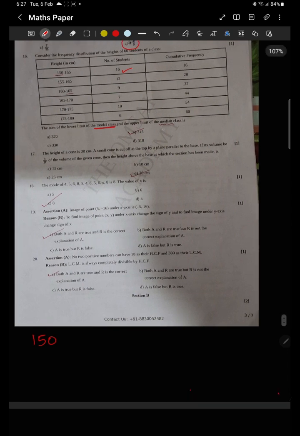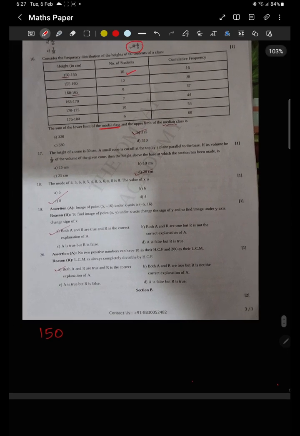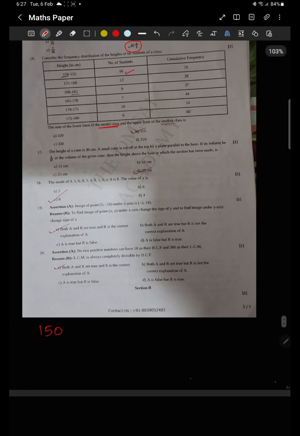And the upper limit of the median class. How can we calculate the median class? Median class we calculate as n by 2, that is 60 by 2, which is 30. So 30 comes in the cumulative frequency after 28, that is 37. So the class is 160 to 165.